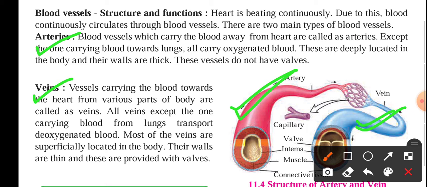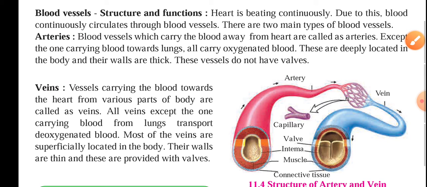Now this particular artery, if you observe, has a thick wall as compared to the veins. Veins have a thinner wall. Now why are they thicker and thinner? Because the arteries carry the oxygenated blood directly from the heart. So when the heart pumps the blood, it pumps with pressure. So to absorb that pressure and to sustain it, the wall should be thicker for the arteries.